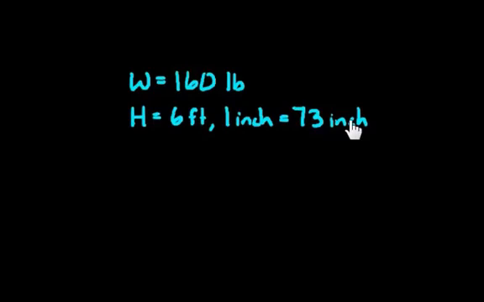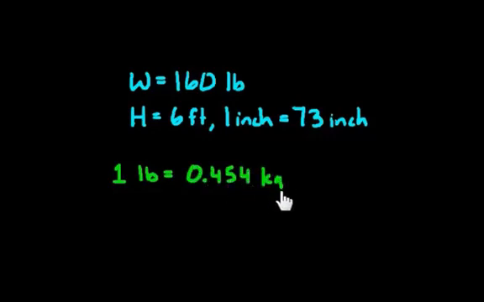So what do I do? Well, what I need to do first is convert, right? So I can say, all right, well, 1 pound equals, and this is something you can just look up on the internet, 0.454 kilograms. So far, so good. And now 1 inch, which is pretty small, is going to be a small number relative to a meter, which is huge, right?